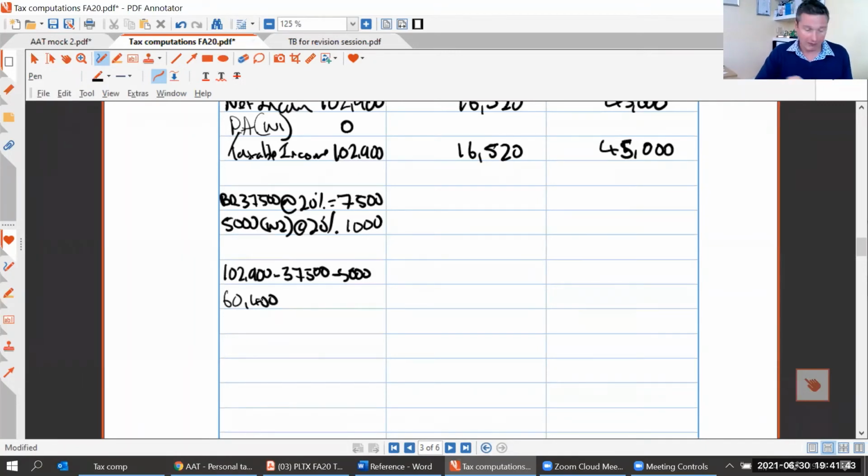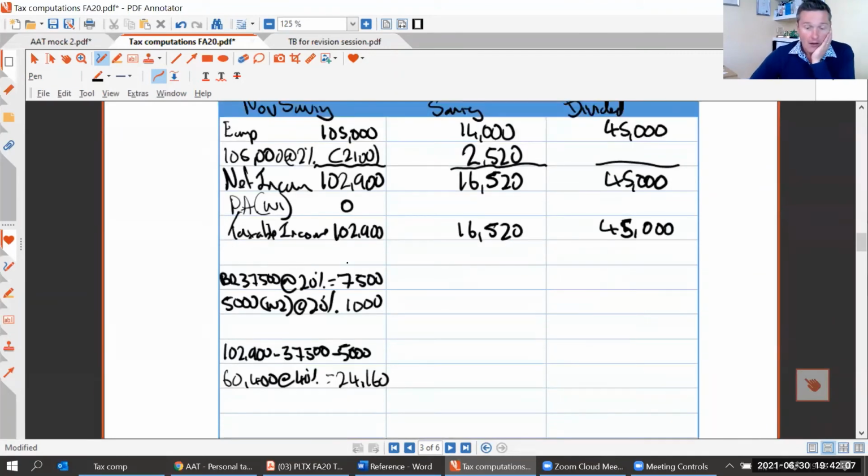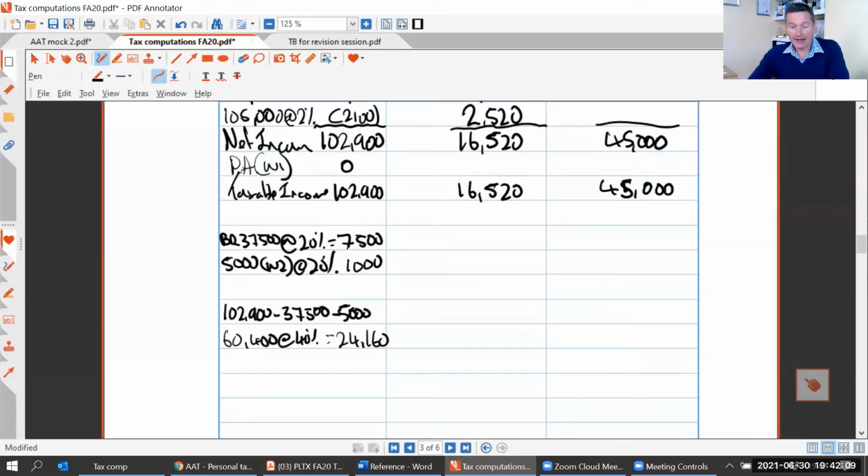And that we tax at a rate of times 0.4. Put it in. Figure of 24,160, like that, so I can read it later. So now we've taxed our non-savings. So the next bit is our savings.